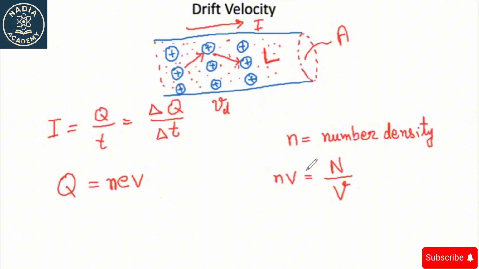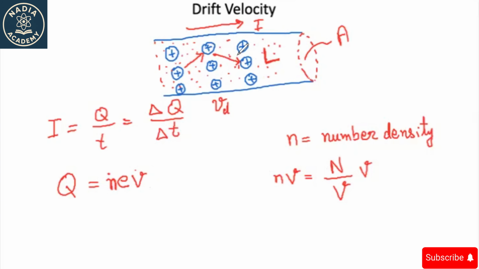So just to make a difference, we can change the notation. So n times the volume is the total number of charged particles that we have within this volume, times the charge of one charged particle, that is the total charge within this conductor.